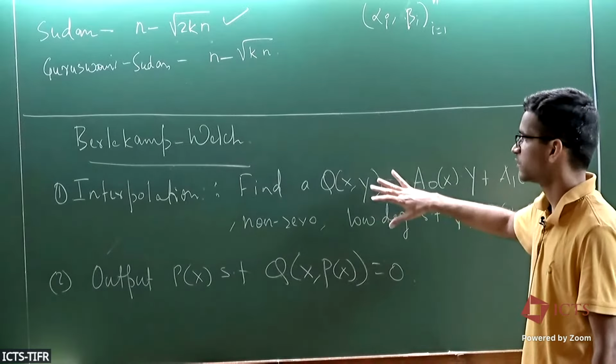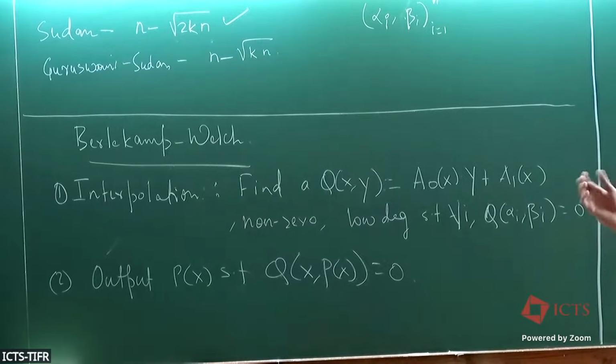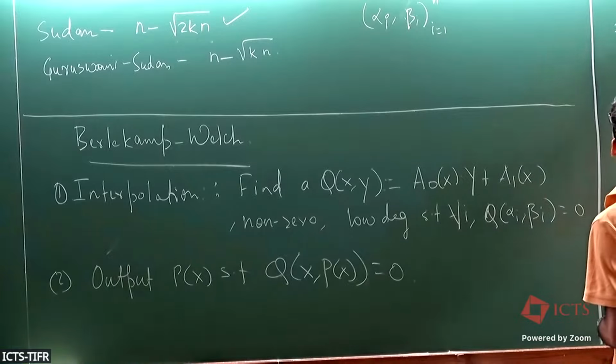What was it about this algorithm that forced it to require agreement n plus k over 2? Where did the lower bound on agreements show up in the analysis of this algorithm?